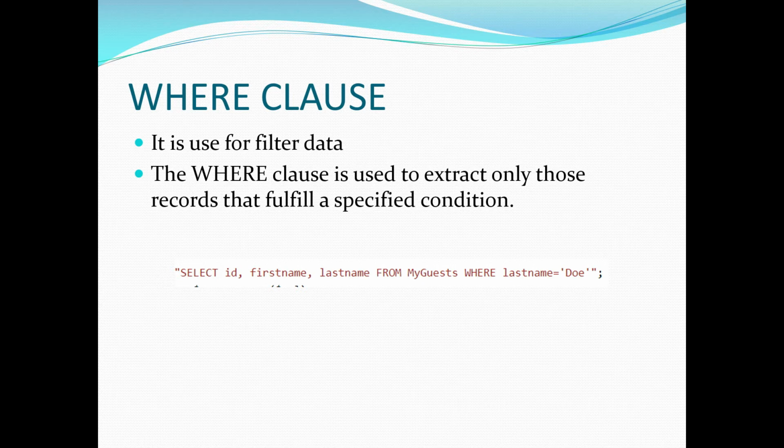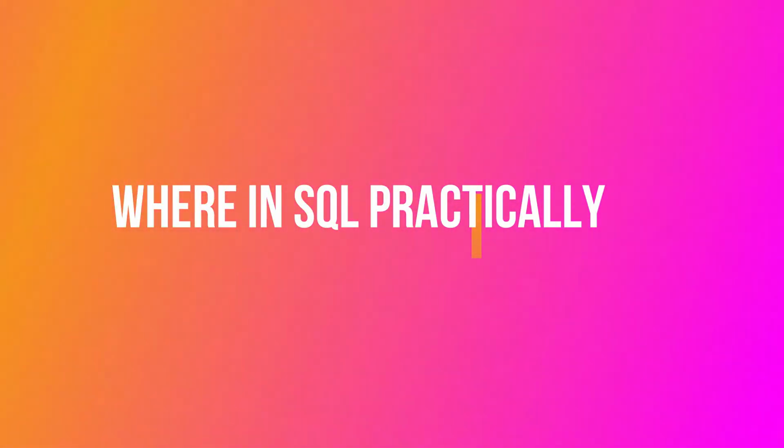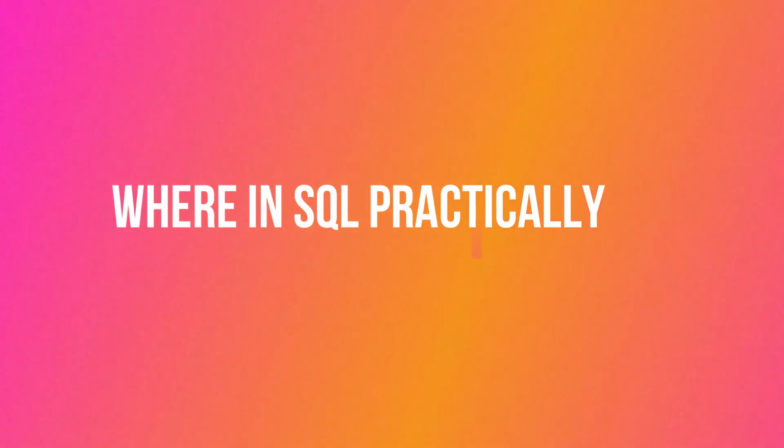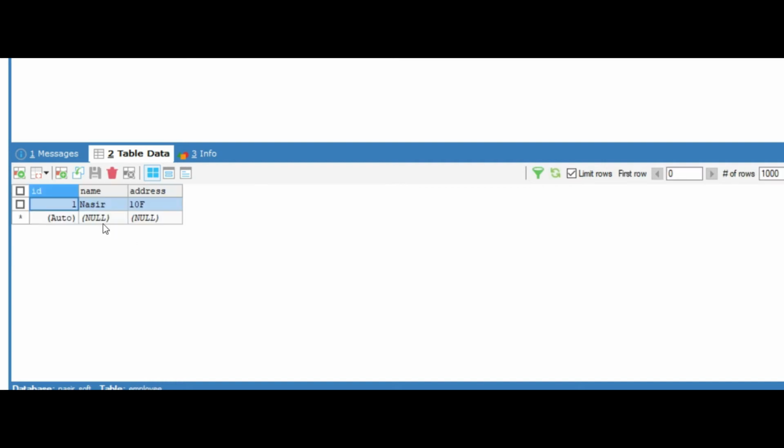In SQL, what is the UPDATE command? Before going to update, I will show you how to use the WHERE clause practically. This is my SQL database, and inside the employee table you see there are names: chat, orange, apple. Inside the employee table, only one record, that is Nasir, and its address is 10F.